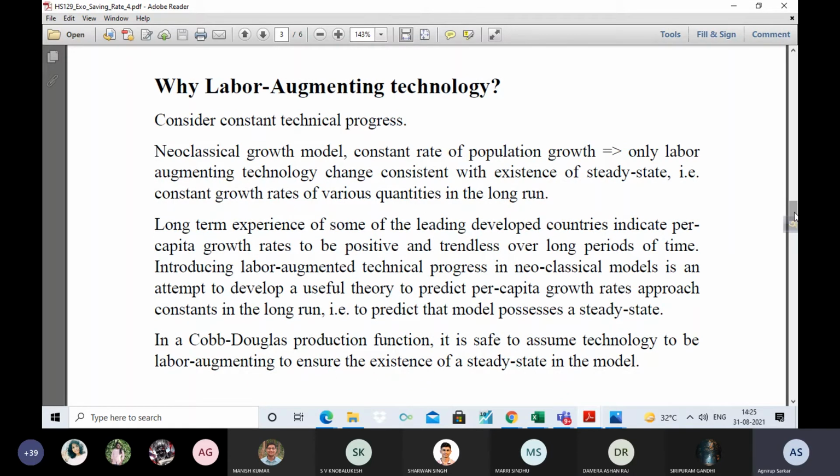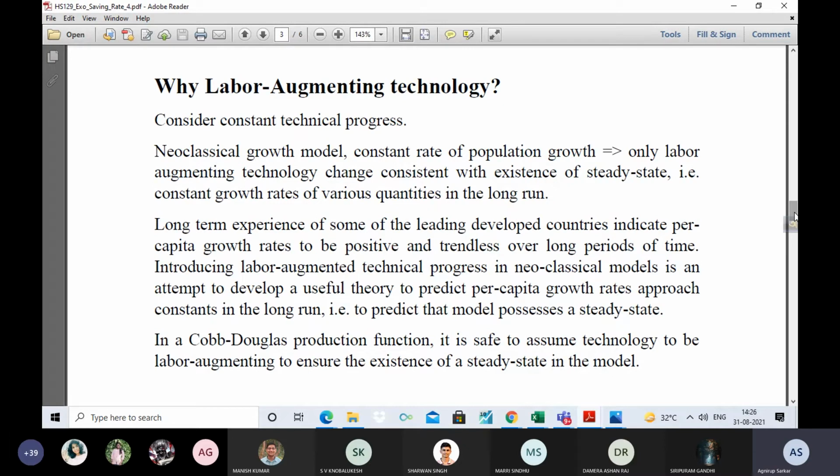Suppose we consider only constant rates of technological progress, as we have done so far. In the neoclassical growth model with a constant rate of population growth, what we can prove is that only labor augmenting technological change turns out to be consistent with the existence of a steady state.